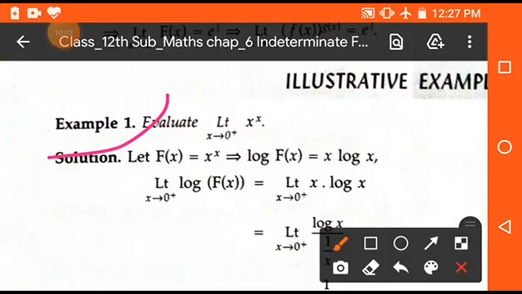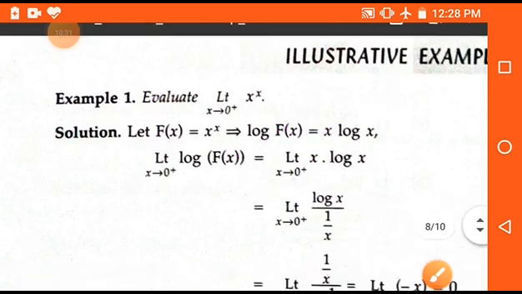Evaluate limit x tends to 0 plus of x to the power x. In such a type of question, if you put x equal to 0, then you will get 0 to the power 0. And this is not a defined form, then you will take log here. So taking log both sides, you will get log f(x) is equal to x into log x by the property of log x to the power n. Clear? Now it becomes x into log x.